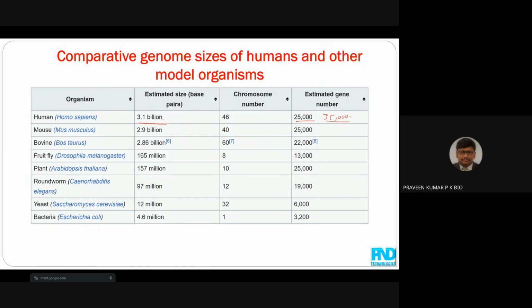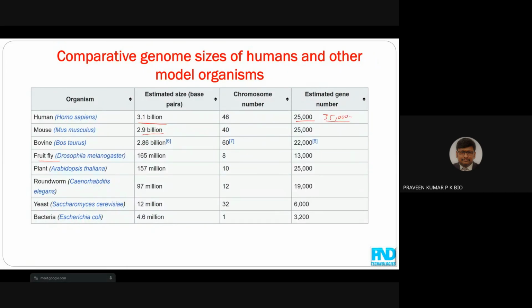However you find the human genome, if you compare with other genomes like the mouse, which is most widely used for in vivo experiments on human diseases, we can see around 2.9 billion base pairs. We also work on diagnosis of human diseases compared with Drosophila.